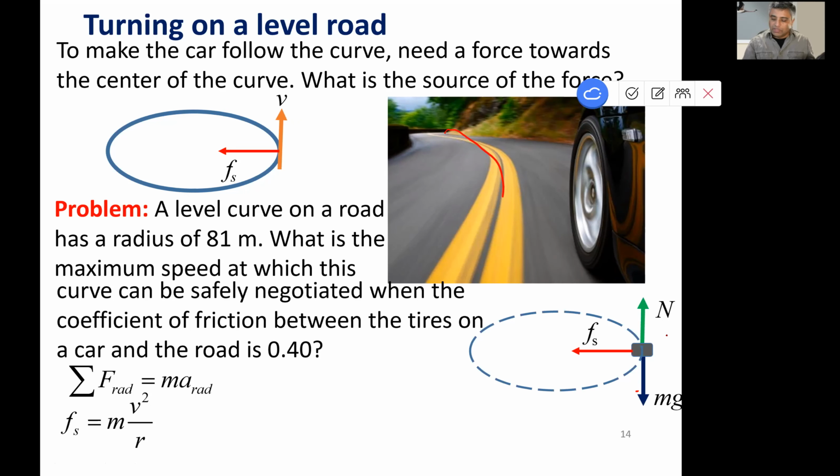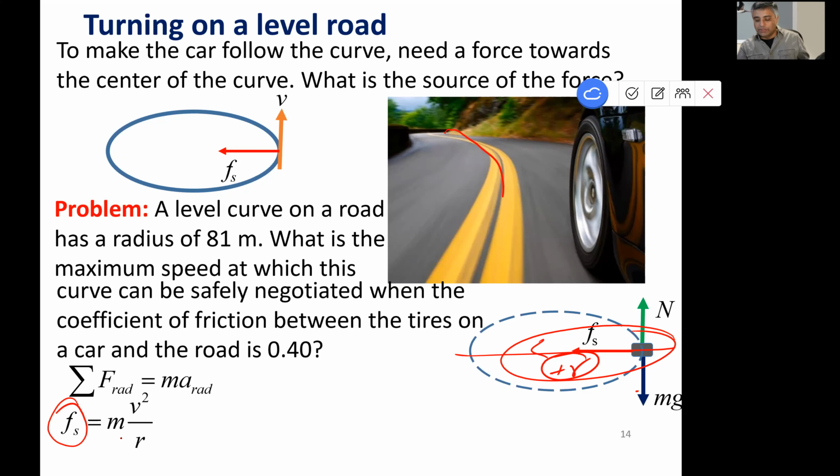And there is only one force, and let's choose the axis this way as a positive R. That way, since the direction of force and acceleration are always in the same direction, radial acceleration, we don't have to keep writing positive or negative sign for this. Okay, so that's the convenience of choosing positive towards the center.